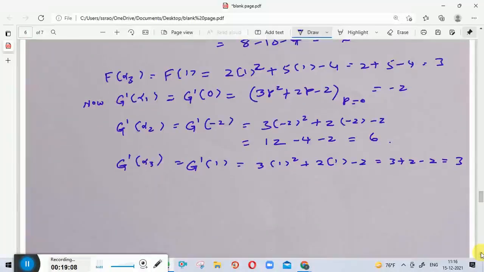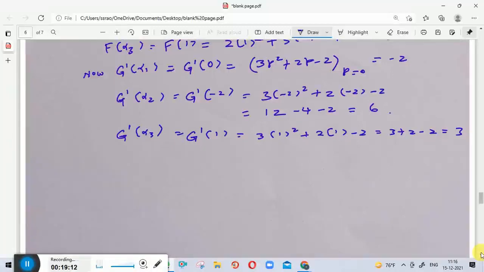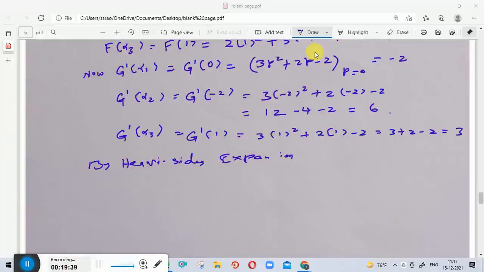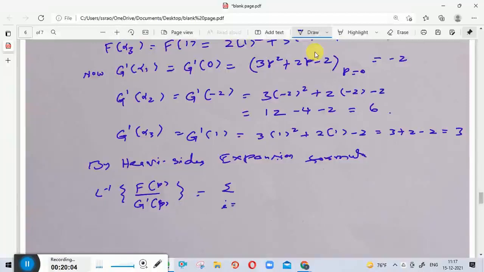So now by Heaviside's expansion formula, we have L inverse of f of p divided by g dash of p is equal to sigma i is equal to 1 to 3.